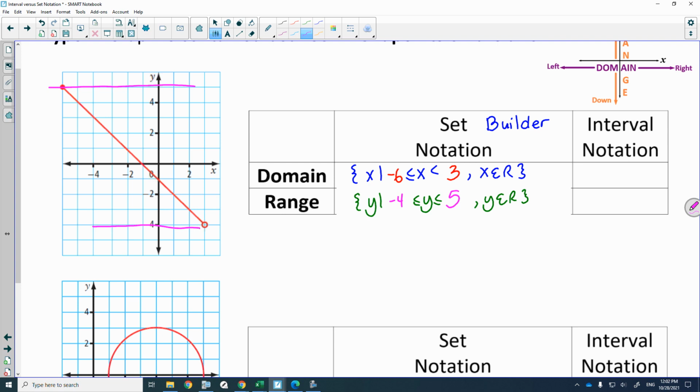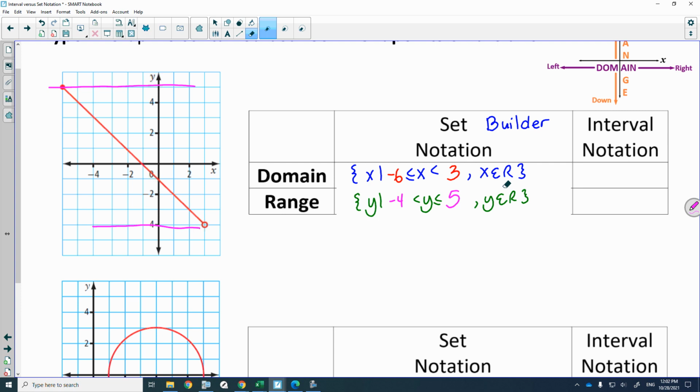And -4 is the one that you would erase, because there's an open dot down there at -4. Remember how you read this: x is such that x is less than 3, greater than or equal to -6, and then x belongs to the element of the real numbers.